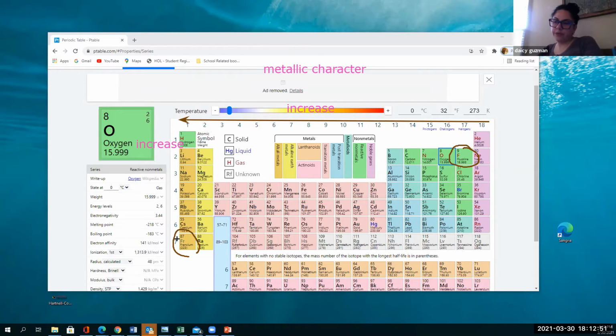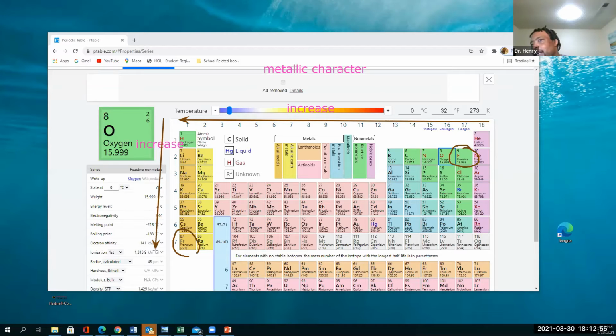It's going to increase from top to bottom. That is correct. So metallic character increases from right to left. That makes sense because all the noble gases are pretty much over here. As we move this way, we become more and more metal, because we go from noble gases to non-metals, then to metalloids, and then we become metal.